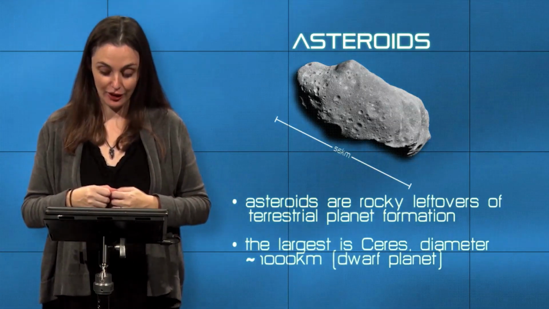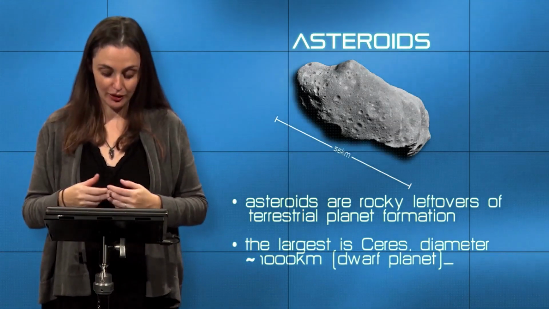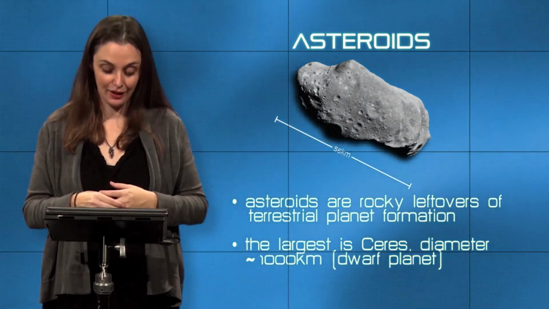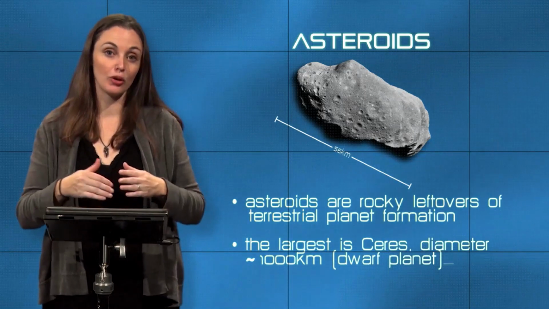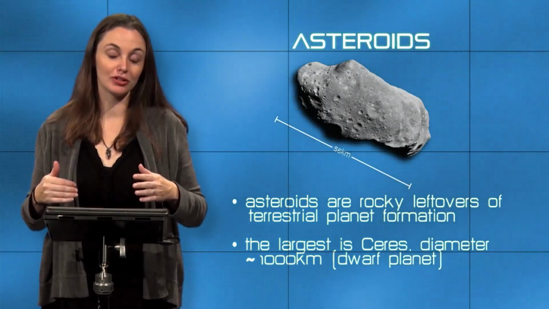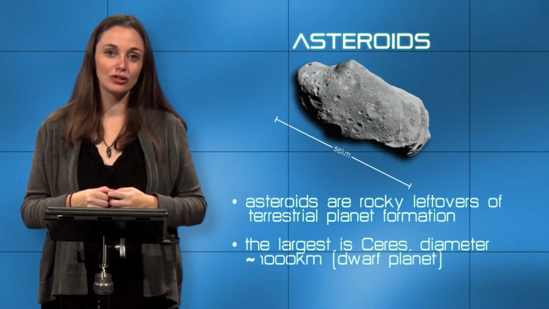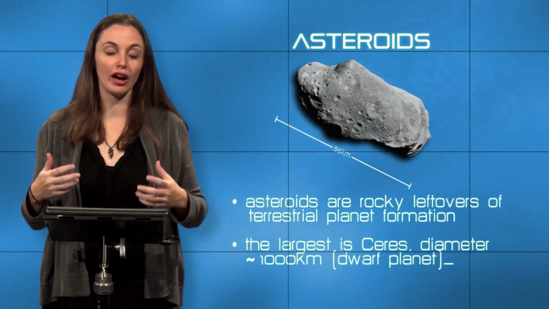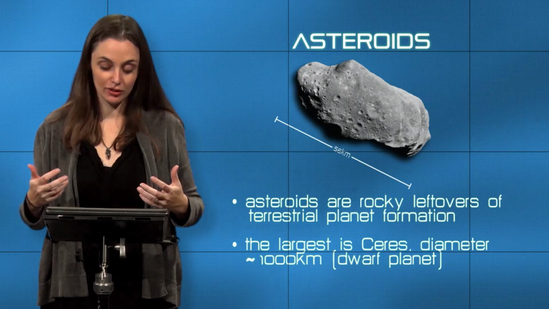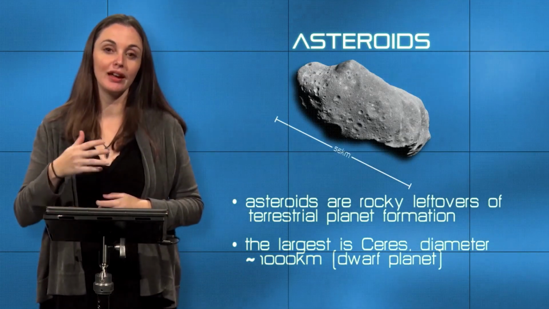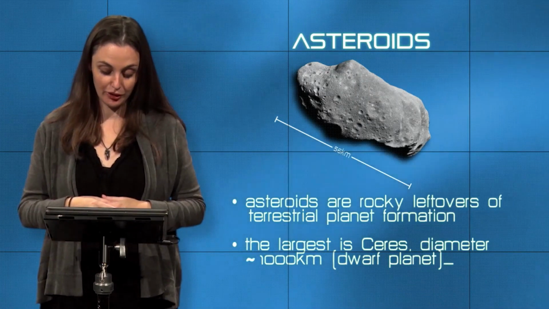So Ceres has a diameter of 1,000 kilometers, and in the image at the bottom of the slide, I show you one that has, roughly speaking, a total length, not really a diameter since it's not spherical, of only 56 kilometers. And that gives you a decent idea of the range and size of these objects. Ceres being the largest, and some of the smaller ones maybe being even less than 50 kilometers long or so.